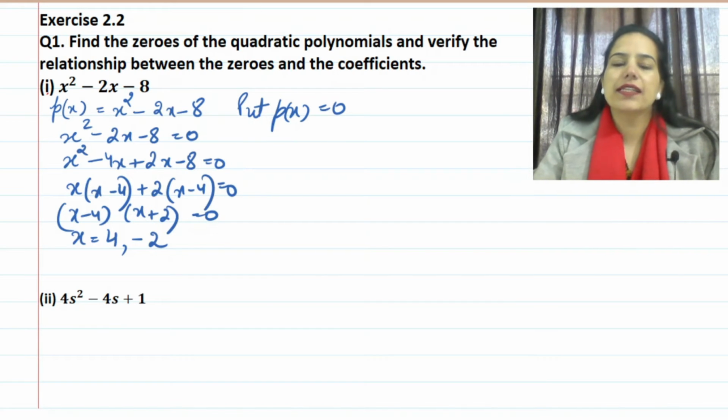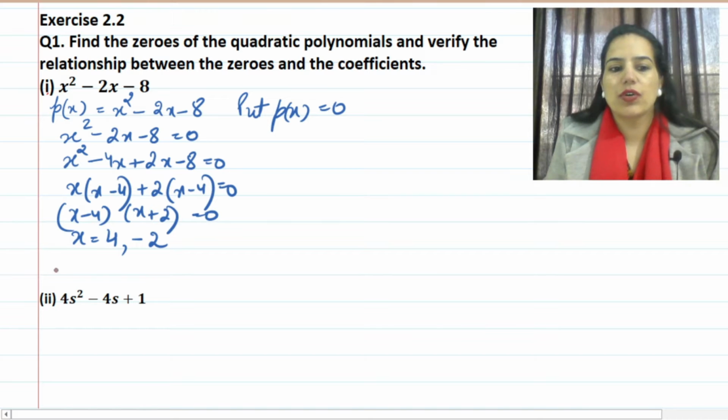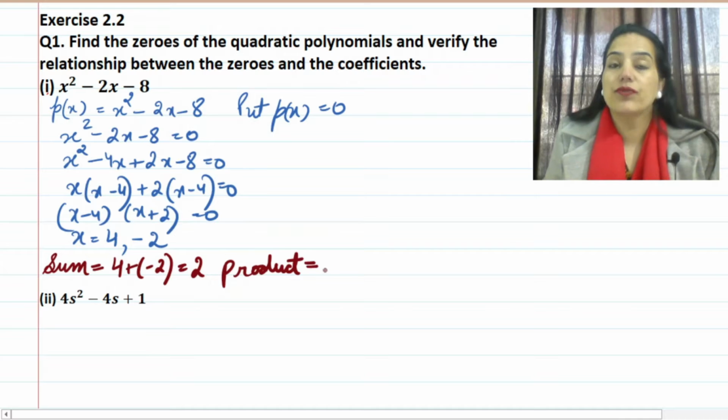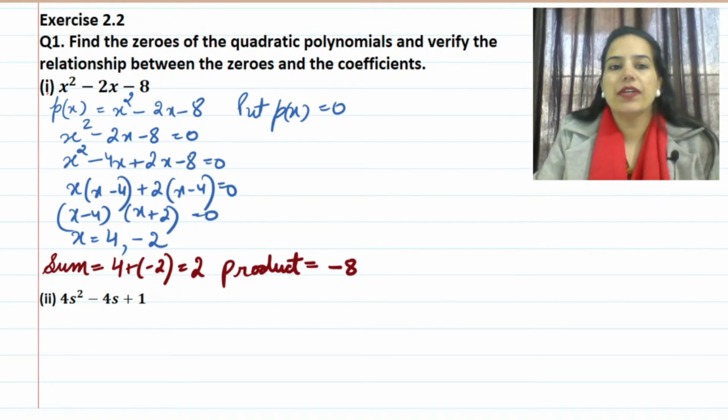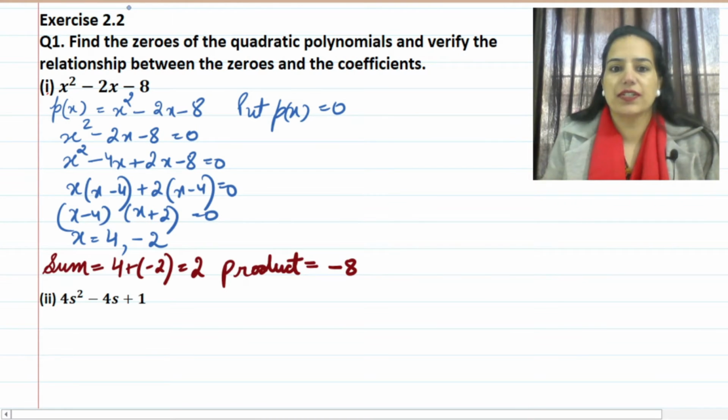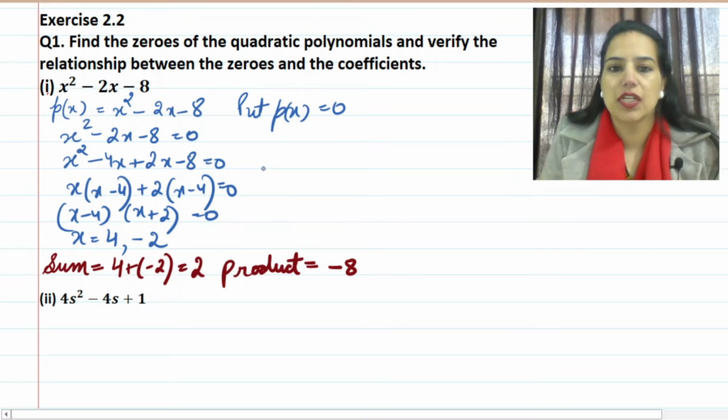So we have got the two zeros of the polynomial. Now first let's find the sum on our own. What is the sum of these two zeros? 4 plus minus 2 is equal to 2. And let's find the product also on our own, that is 4 multiplied by minus 2, that's minus 8. Now we will see what comes with the coefficients by applying the formula that we've just learned.